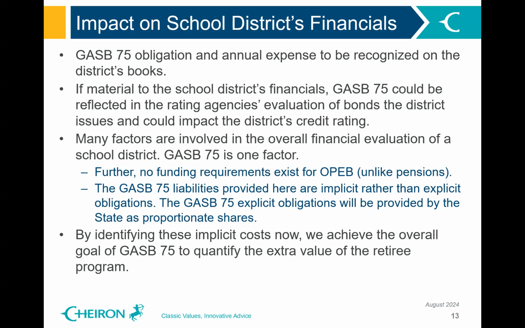Do note that when we talk about expense and obligations, there are no funding requirements for OPEB, and that's different from pensions. So these are implicit liabilities, not explicit. And what we have here for you deals just with that component. By doing these implicit costs now, we are achieving the goal for GASB to quantify the extra value of the retiree program.